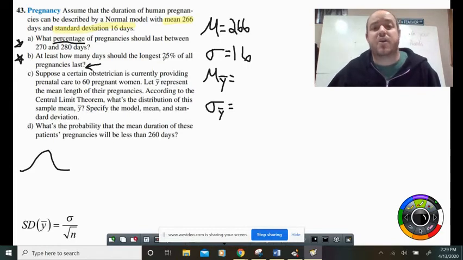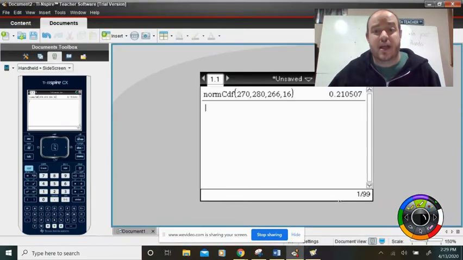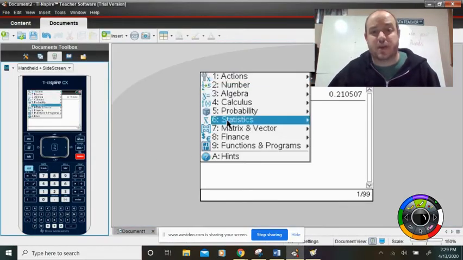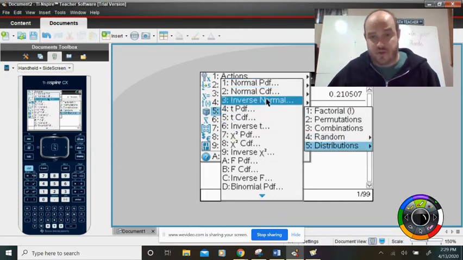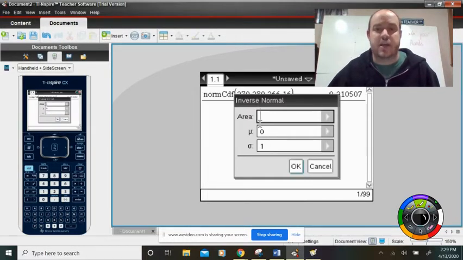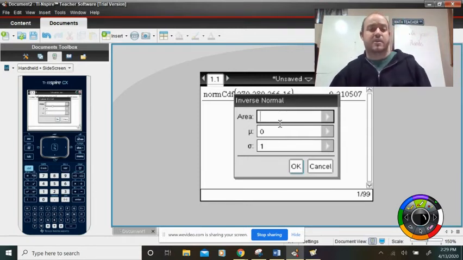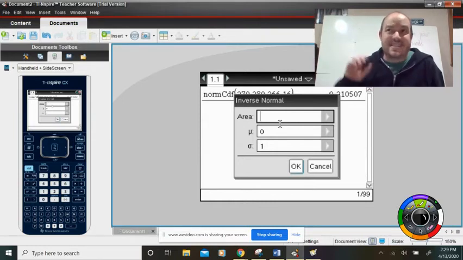And because we are given the percent here and we want to know the X value, that means that we are actually doing a menu 5 inverse norm. It is an inverse norm question because, again, it gave us the percent and we want to find the number that would be the cutoff. All right. So area, remember the area is always calculated from the left-hand side over. So even though we're looking at the top 25%, that's the top side.